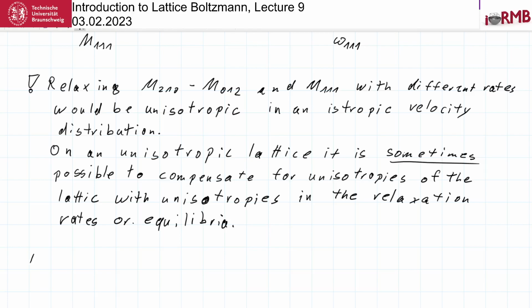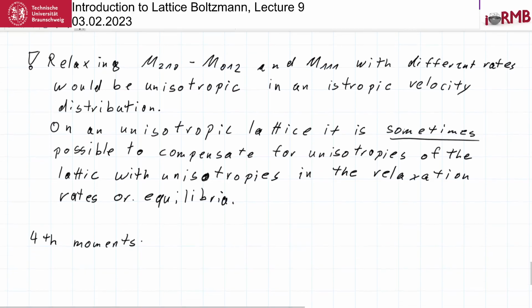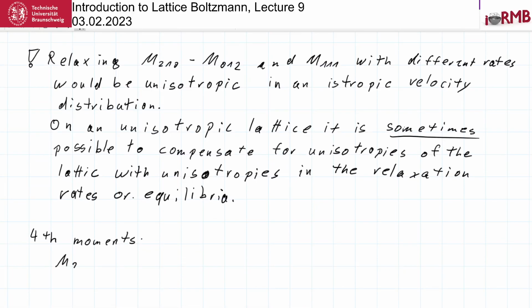Okay, let's briefly go to the forced moments. I know we are covering a lot, but we are almost done with this. So we have the moment M220 plus M202 plus M022.